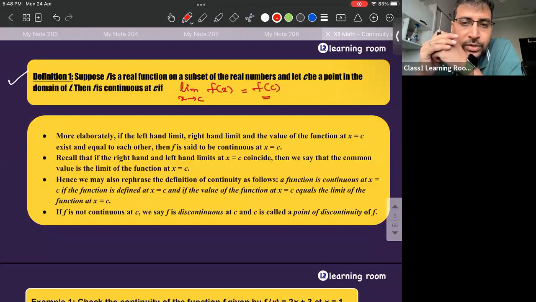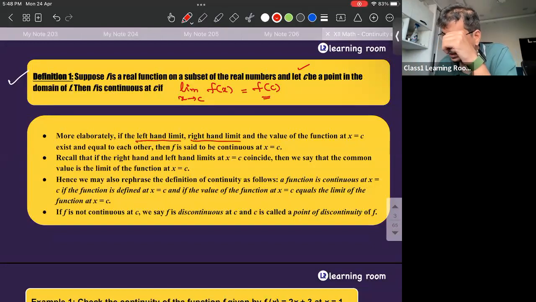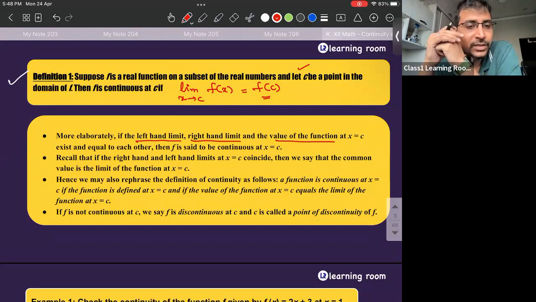So this is when you will say that a given function is continuous at a given point c, right? This is one way. And we also discussed this. More elaborately, what should happen is the left-hand limit, the right-hand limit, and the value of the function at x is equal to c should exist and should be equal to each other. Then f is said to be a continuous function at x is equal to c, right?